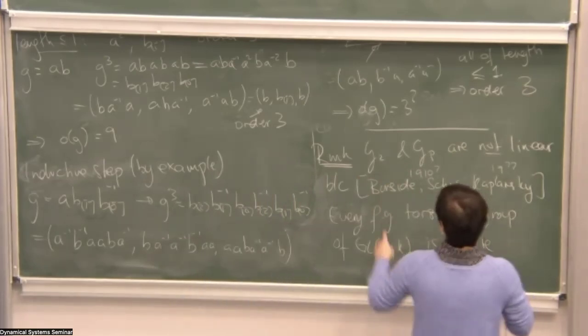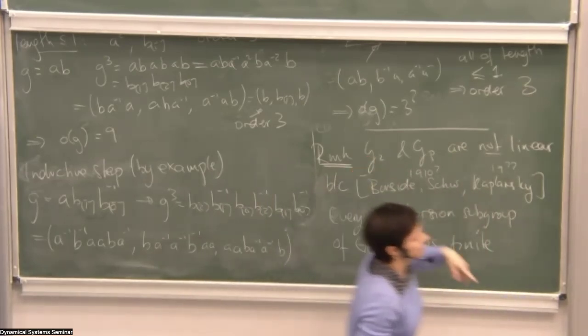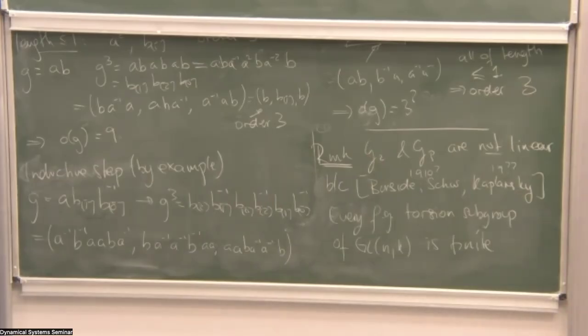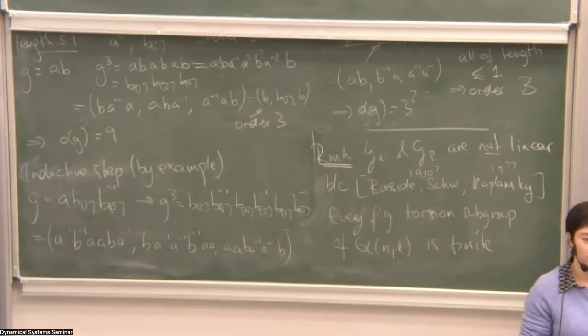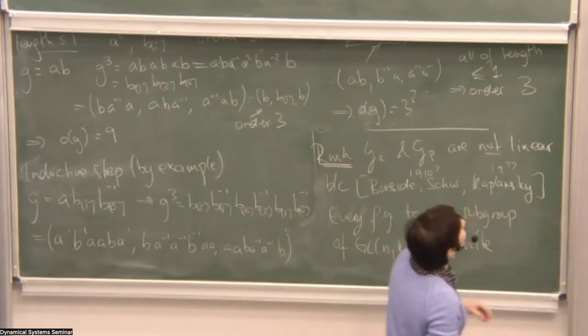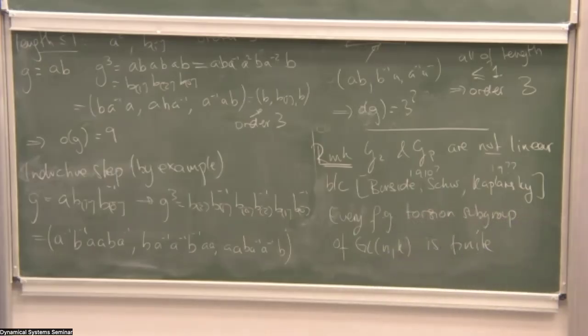Also, why is G2 special? G2 is famous. I didn't call it G2, I called it G. It's famous not only because of this, it's also because it's the first known example of a group of intermediate word growth. People are nodding, so people are familiar with this, right? Good. And maybe I'll make a last comment here before the break.